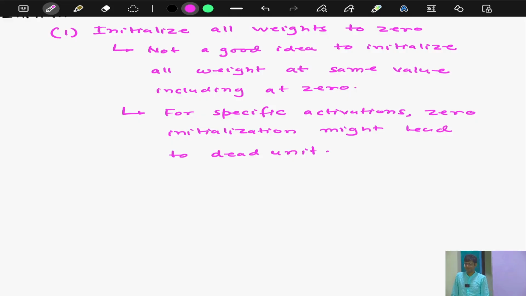Okay, going ahead. So what will happen if I initialize the weights to be very large value, either on the negative side or on the positive side? Now this will be very case specific, but try to think. So they are not same, but I am taking very large value in most of the cases. Why?